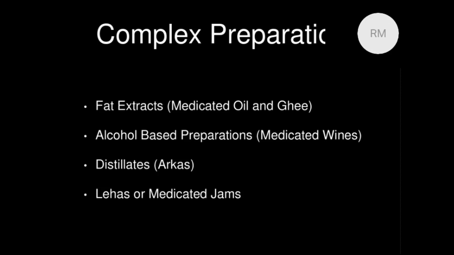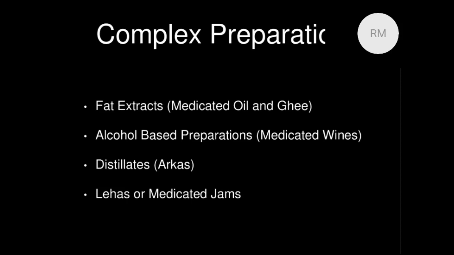So when we say complex preparations, it means that we first have to do the other simple preparations which we studied earlier. Just to refresh our memory, we will need to make decoctions, we may need to make herbal powders, we may need to make pastes.